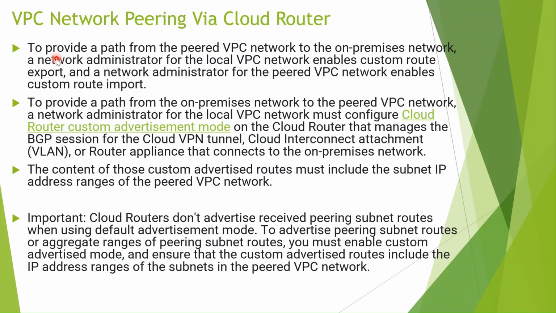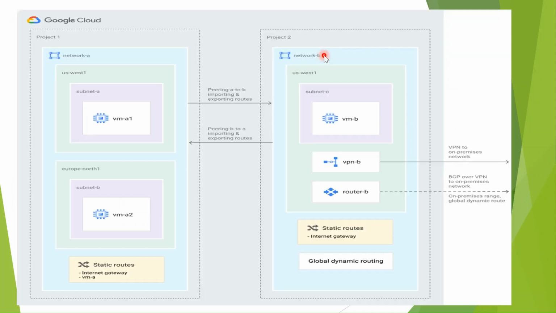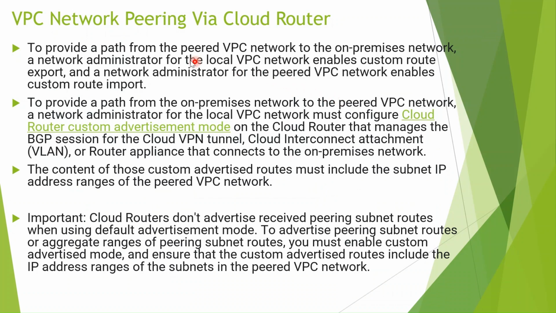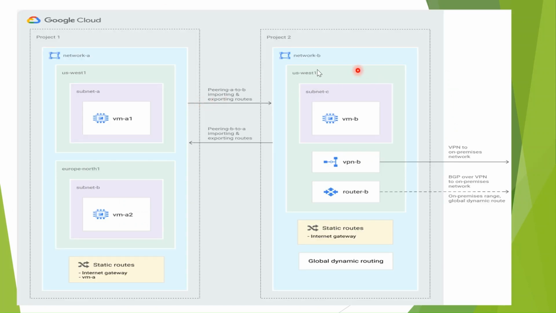Now the theory. To provide a path from the peered VPC network to the on-premises network, a network administrator from the local VPC network enables custom route export. Basically this is the local VPC network. Export means it is exporting all the custom routes it is receiving from here.